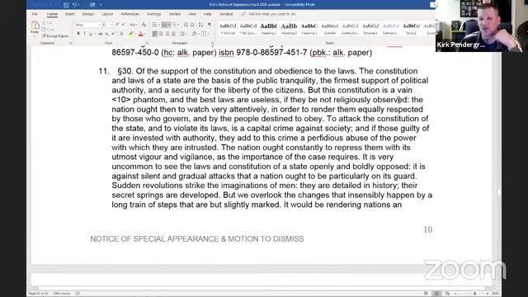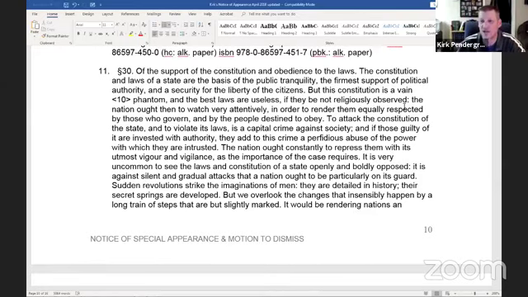But this Constitution is a vain phantom, and the best laws are useless if they're not being religiously observed. So this goes right to, if you don't know what it says as it is written, and you don't know how to claim it and properly exercise your rights, and how to effectively defend them, that's the vain phantom.